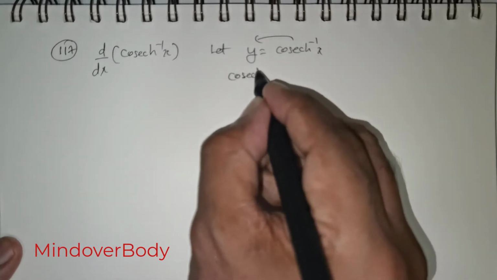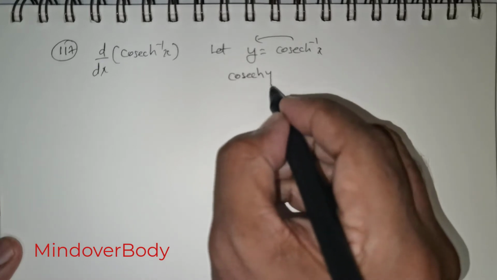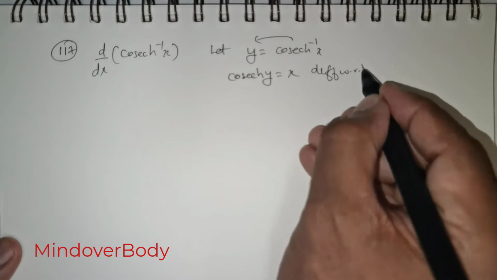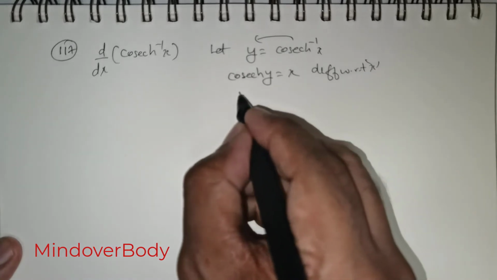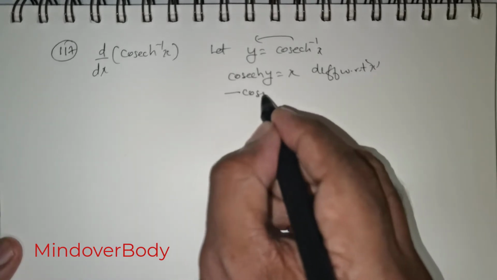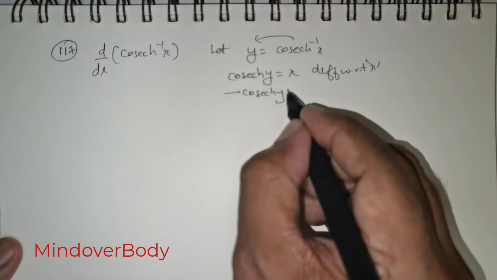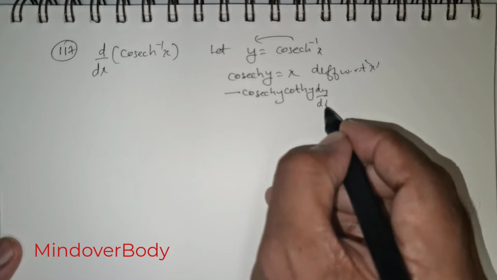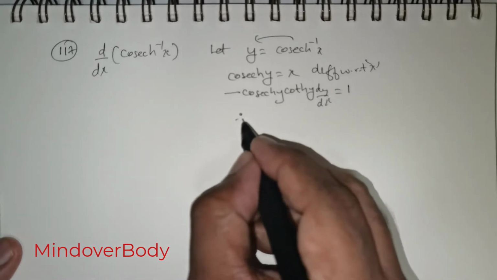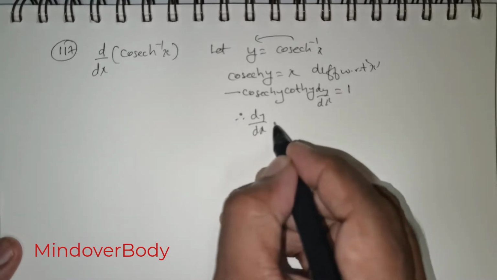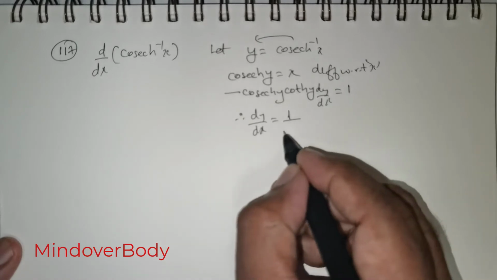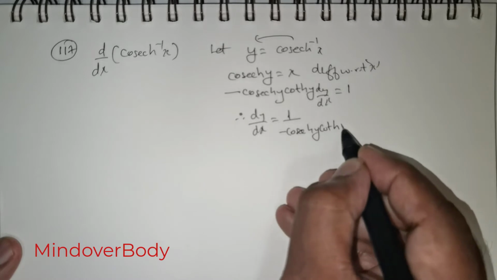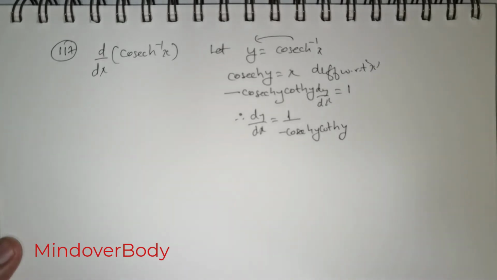I would get cosec y is equal to x, and then I would differentiate with respect to x both sides. This would give me negative cosec y times cot y times dy over dx is equal to 1. So from here dy over dx is equal to 1 over negative cosec y times cot y. So this is what I've got.